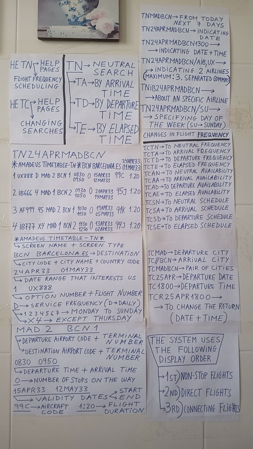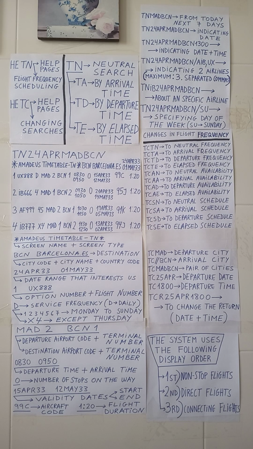TCSN is used to change a search that has been done previously so that the new search is with SN code. TCSE is used to change a search that has been previously done so that now the new search is with the SA code.